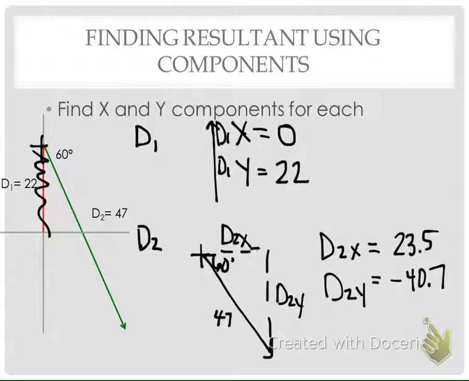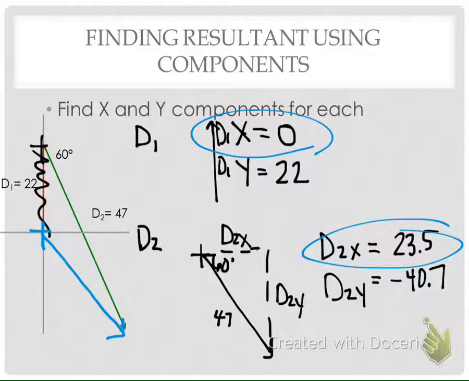So we're taking individual vectors and breaking them into x and y. Now to find our resultant vector, which would go from the origin to the tip of the last vector, here to here, that's what our resultant should look like. We're going to add the x's and then add the y's, and build a new triangle with those components.